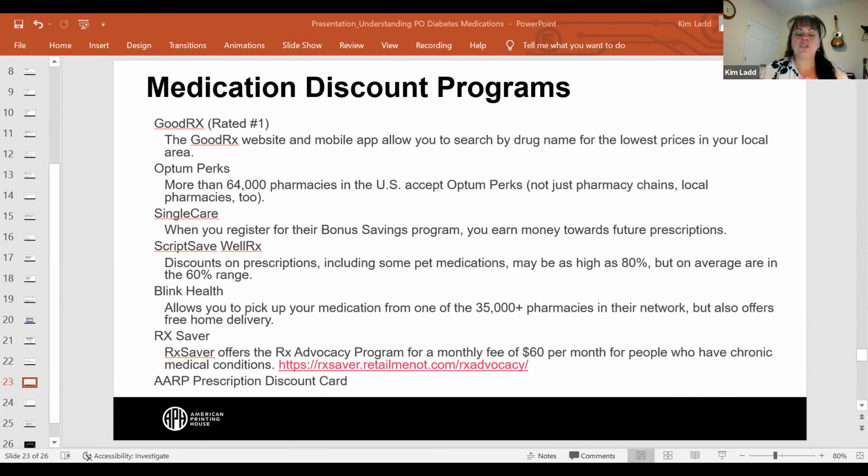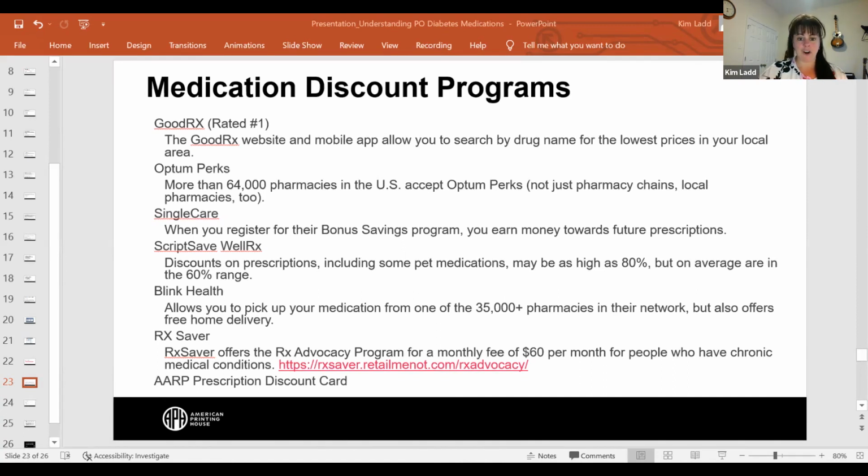Some of them charge you, like RxSaver actually charges you a monthly fee of $60. But it's a program where you basically get your medications for $60 a month. They only provide certain medications, so that's something you would have to research to see if you would qualify.